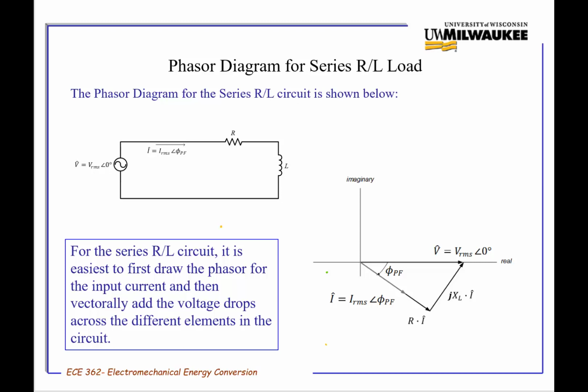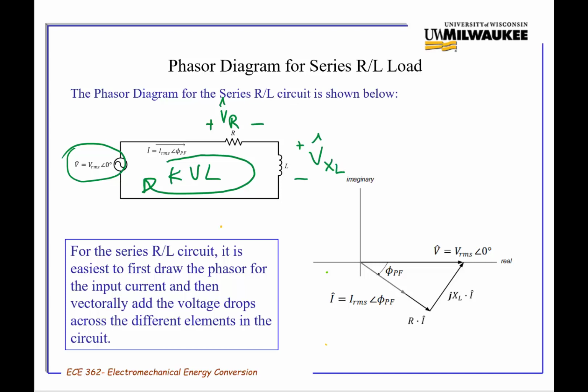So instead of doing KCL to develop the phasor diagram, we instead would apply Kirchhoff's voltage law around the loop, and that would mean that we would have phasor representations of the input voltage, the voltage across the resistor, and the voltage across the inductive reactance.